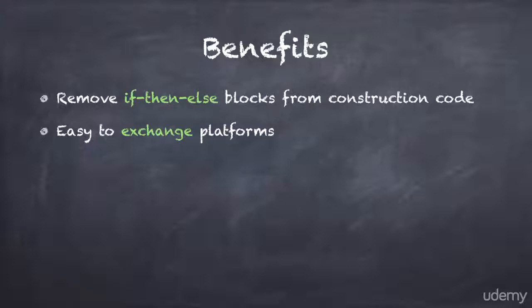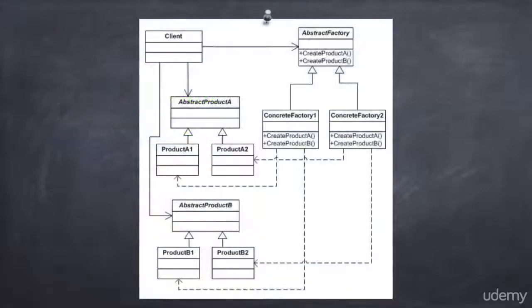Here is the UML diagram of the abstract factory pattern. On the left-hand side is the product hierarchy. We have a platform of two related products.